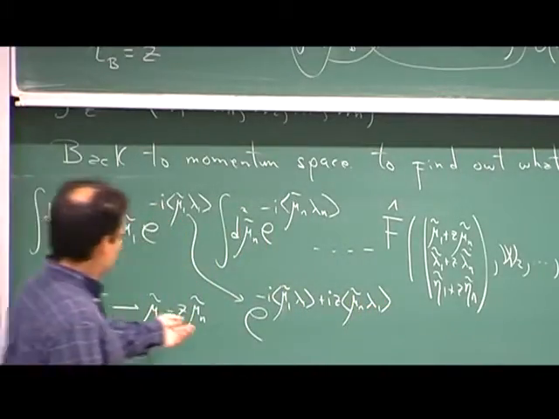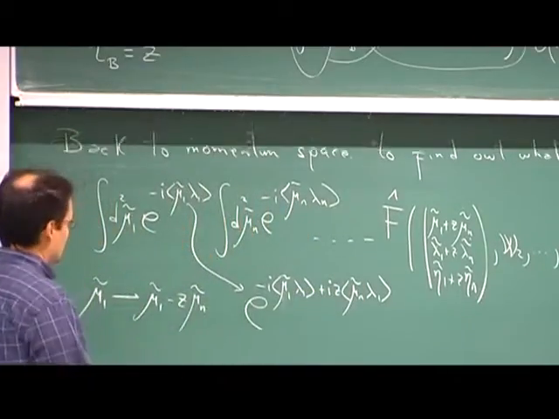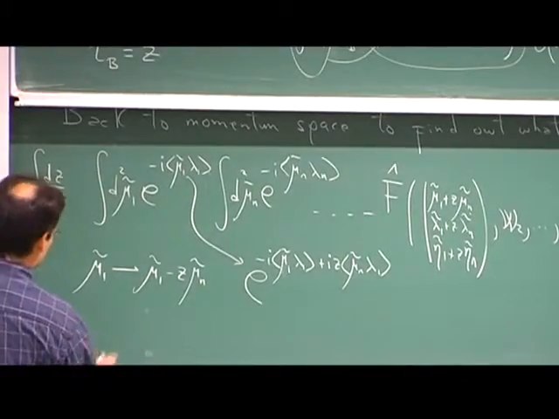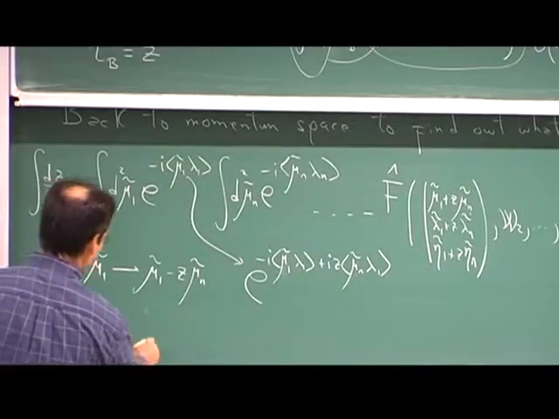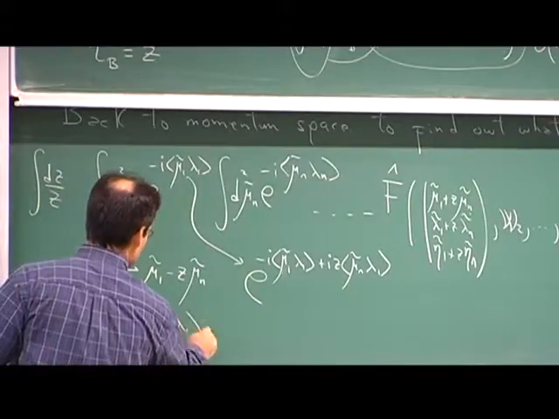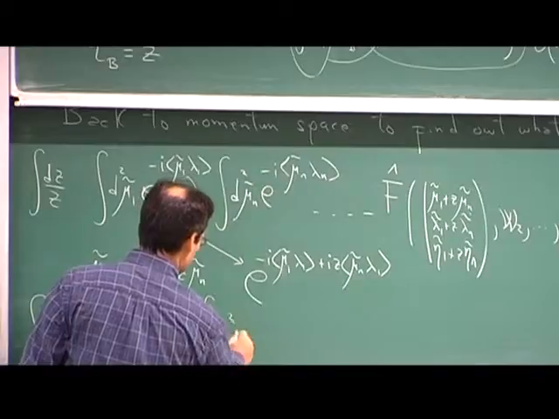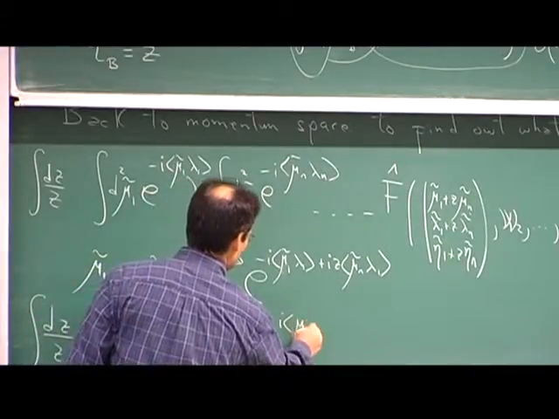Well, now it looks natural to combine this mu n with this mu n, and then I'm almost done. So this thing is dz over z, integral d2 mu1 tilde e to the minus I mu1 tilde lambda 1, integral d2 mu n e to the minus I mu n.